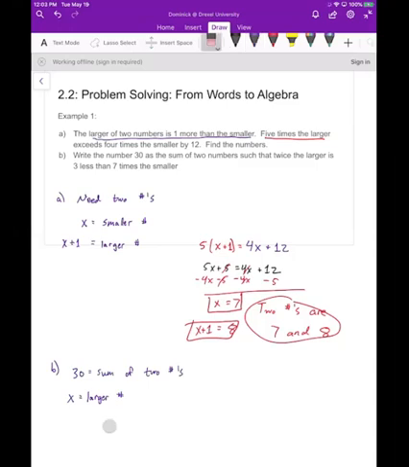Let me start over here. So let's say that X is our larger number. Okay, and the smaller number, if I take twice the larger number, I'm going to get 3 less than 7 times the smaller number.